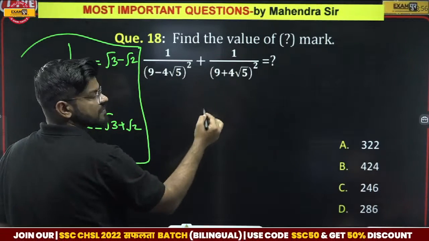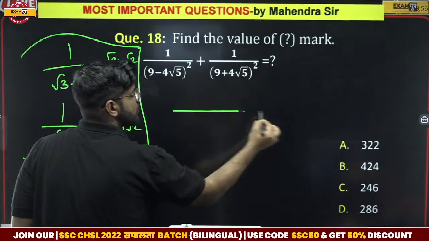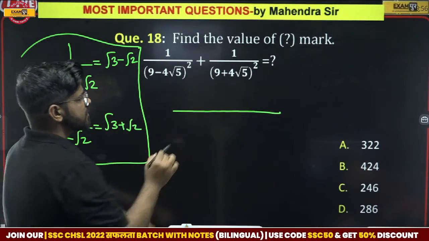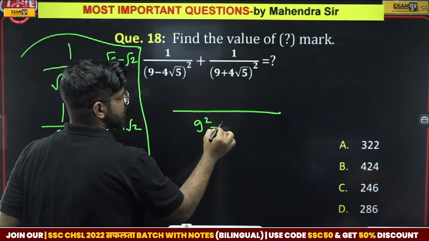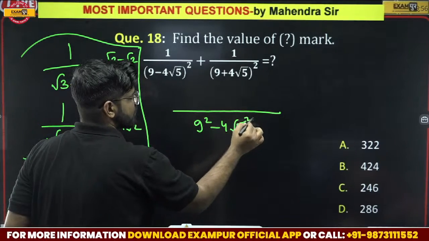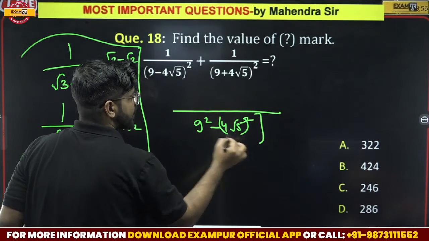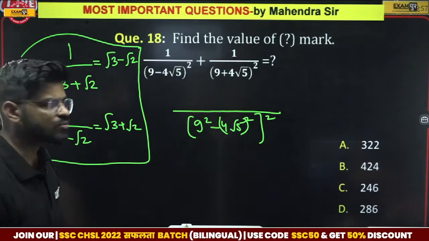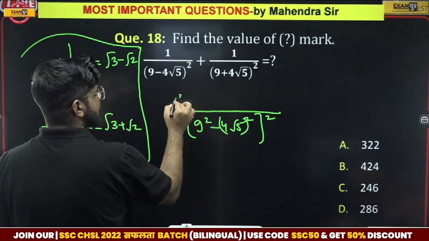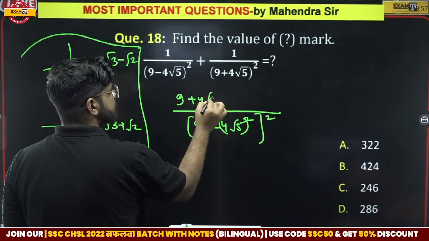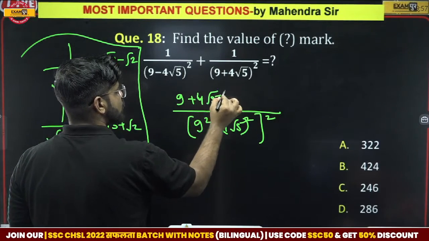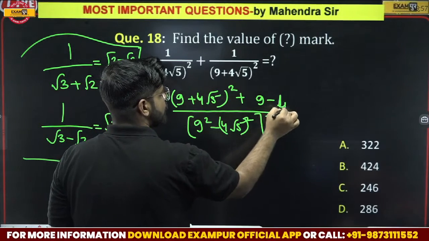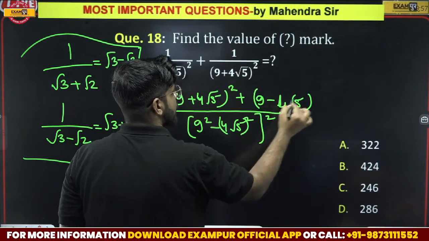What do we have to do? LCM. These are a minus b and a plus b, so in the denominator that means 9 square minus 4 root 5 whole square, and we also have squares in the numerator: 9 plus 4 root 5 whole square plus 9 minus 4 root 5 whole square.